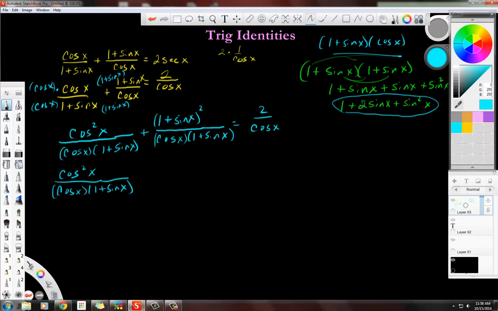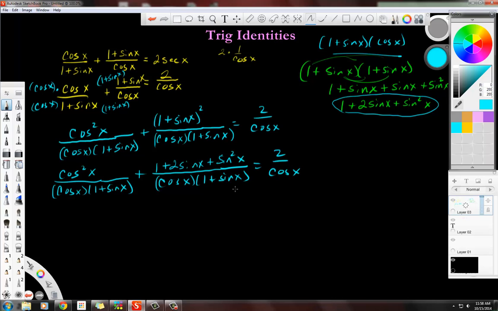And then I have all of this on the other thing. So I will go ahead and write that out one time. I think when you're doing this, you shouldn't try to cut too many corners, because all it takes is one little mistake and you're going to miss this. Cosine x. I'm trying to be neat here, but I'm also trying to write fast so it doesn't take forever. Cosine x. There we go.